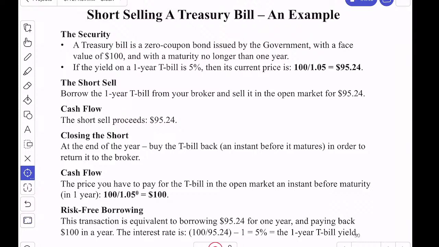So what we're going to do is use this idea. We create risk-free borrowing and lending, because I've just talked about borrowing. But you can also sell T-bills. You can short sell, and you can be on the other side as well.